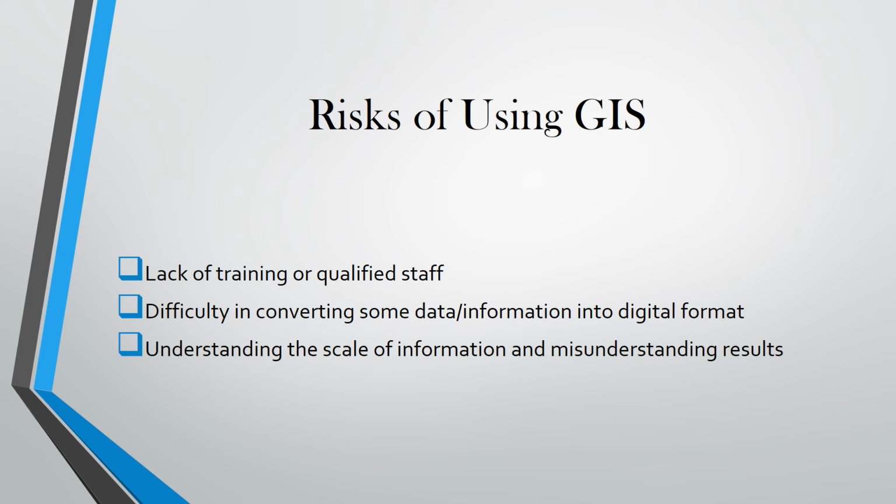As the technology has improved and the current methodologies that go into geographical information systems, we do see a decrease in these risks. But as far as the scale of information, these are still very apparent. A prime example of this would be if you were to take data from a satellite image and merge it with data from a street level image.